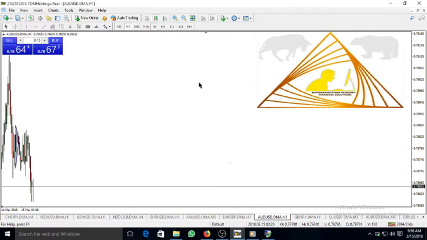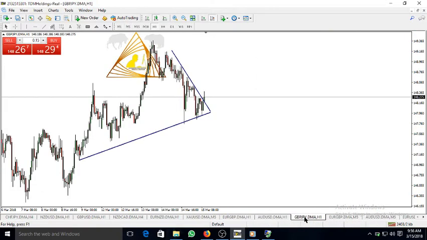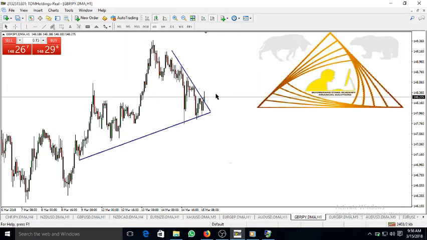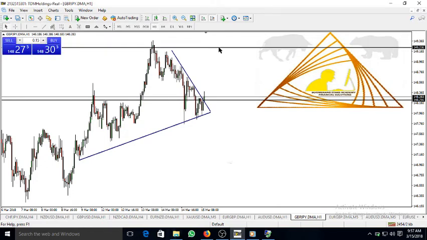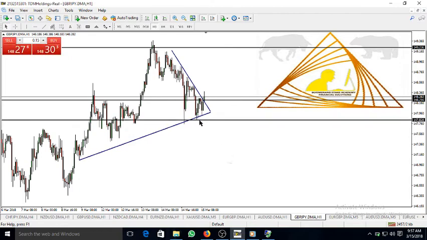As a matter of fact, let me give you some signals. The GBP JPY, if it closes above this price, if it closes above 148.184, if it closes above this price right here, then buy until this price right here, and the stop loss should be below this one.